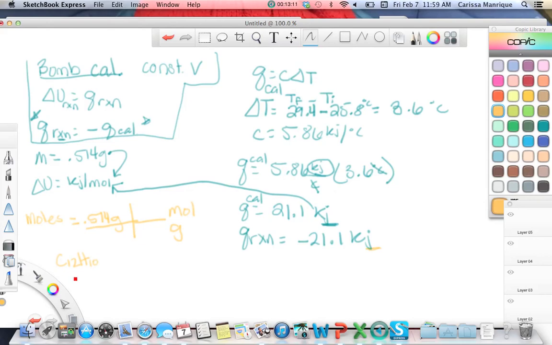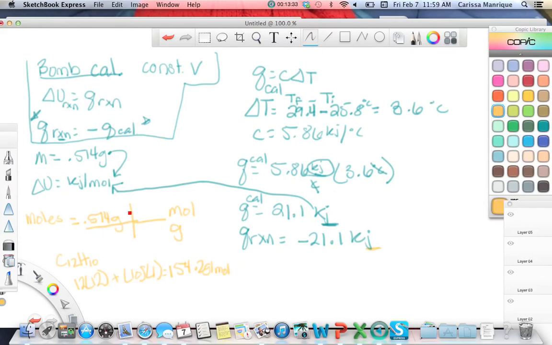So if you have carbon weighs 12 on the periodic table, and we have 12 of those, plus 10 hydrogens, and those weigh 1 gram per mole. If you add those together to get the molecular weight, you should get about 154.2 grams per mole.